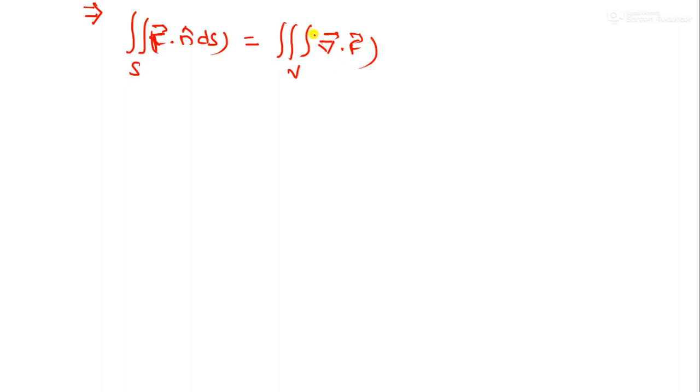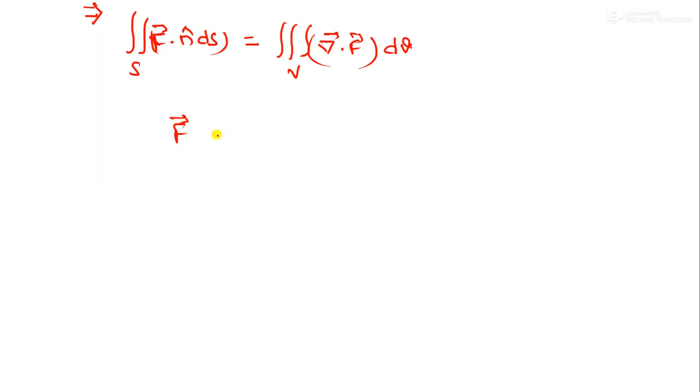So what does the Gauss divergence theorem state? It states that the integral over a surface of vector F dot unit vector n dS will be equal to the triple integral over the enclosed volume of the divergence of that vector field dV. Now, what is F?